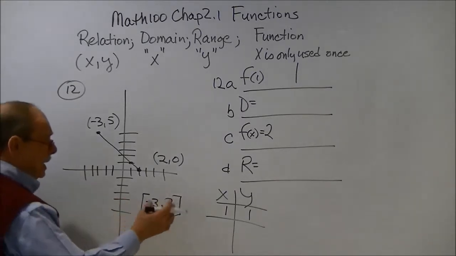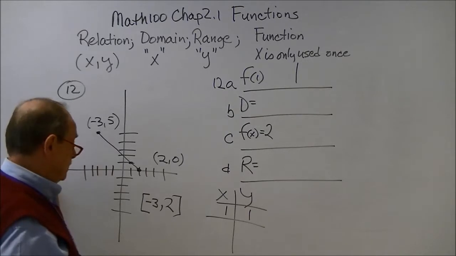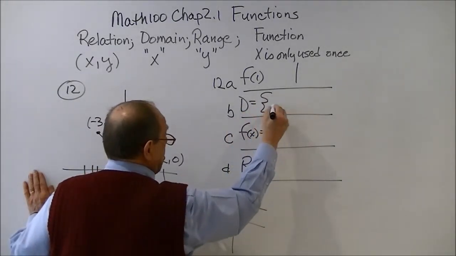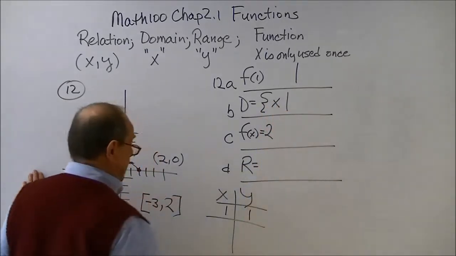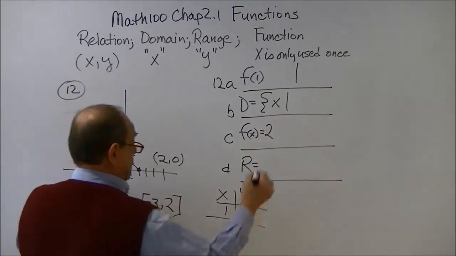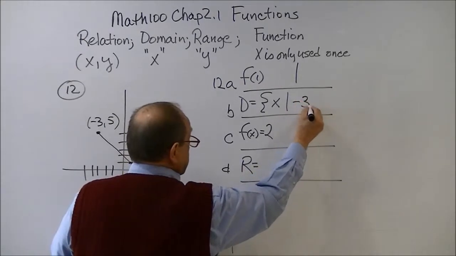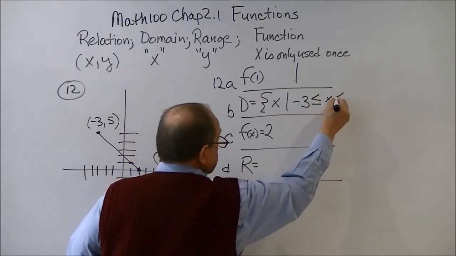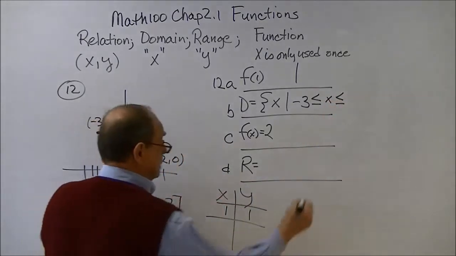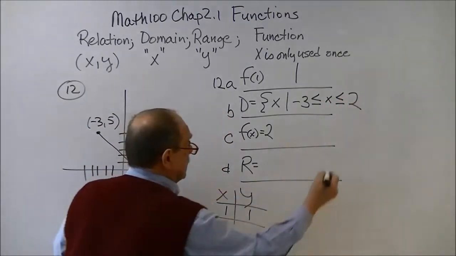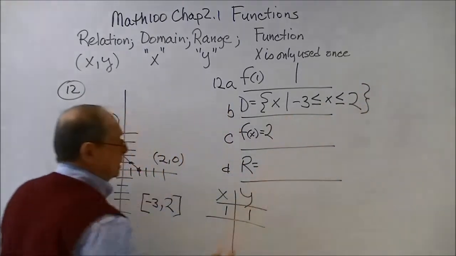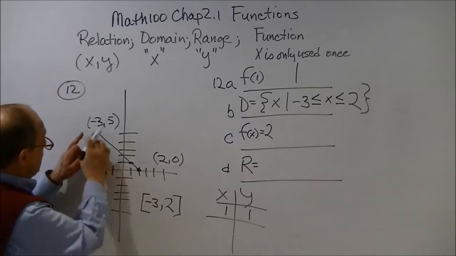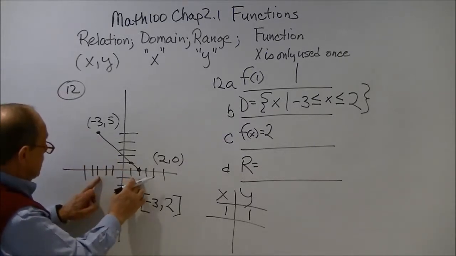Now, how do we write that in a set builder notation? Well, we're going to say that x is such that negative 3 is less than or equal to x is less than or equal to 2. Set builder notation. So what is the domain of our relation here?